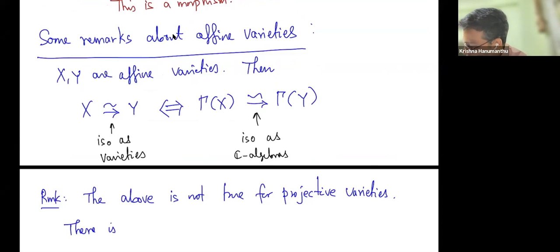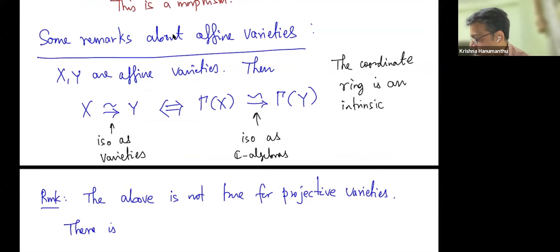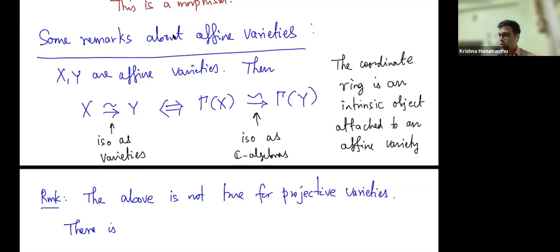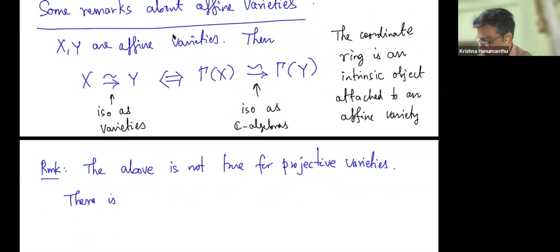So that is what this captures, right? Because if you have two affine varieties whose coordinate rings are isomorphic, those two affine varieties are equivalent or isomorphic, and conversely.